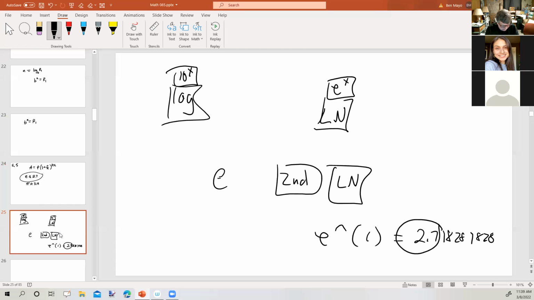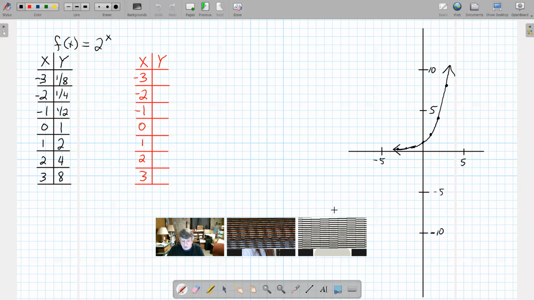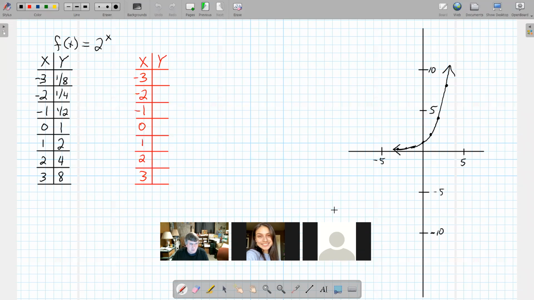Okay, now, what I want to do next is I want to graph y equals e to the x. So to do that, give me a minute here and let's see if I can get this to work correctly. Do you now see on your screen f of x equals 2 to the x and a graph of that?